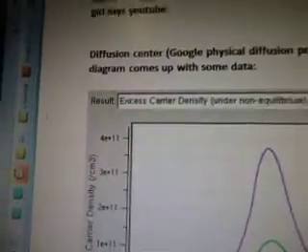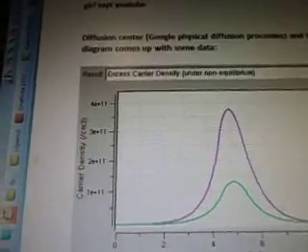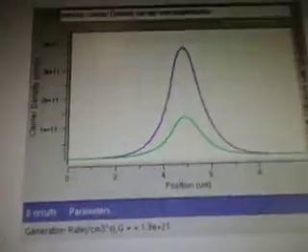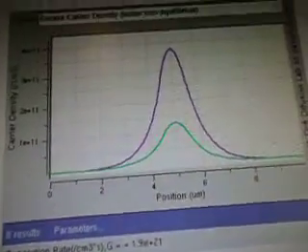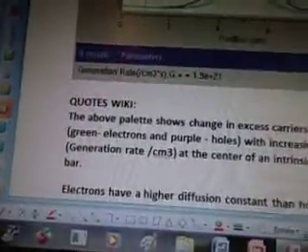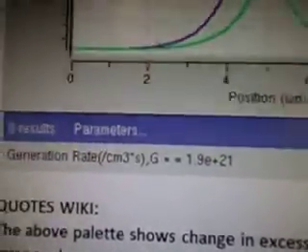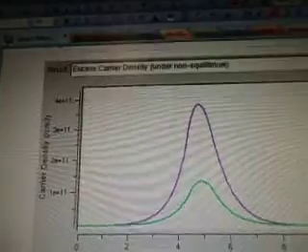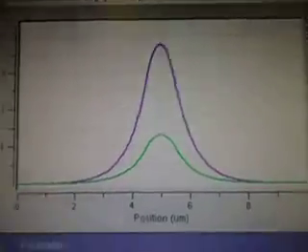There's the diffusion center. Google physical diffusion processes, and this diagram comes up with some data. So this is an excess carrier density under non-equilibrium. Position, and carrier density per cm3. Generation rate is that. It's on nanohub.org.